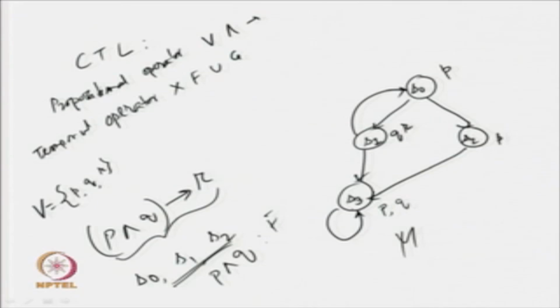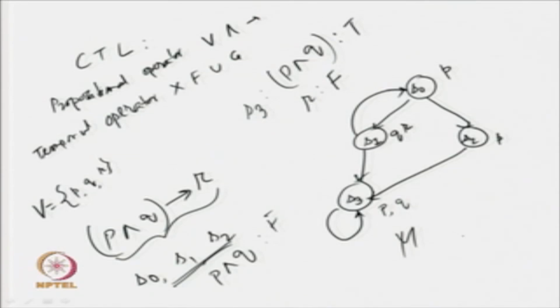Now, when you come to state S3, you will find that P and Q is true over here. But what is the status of R? You will find that R is false. So, true implies false.